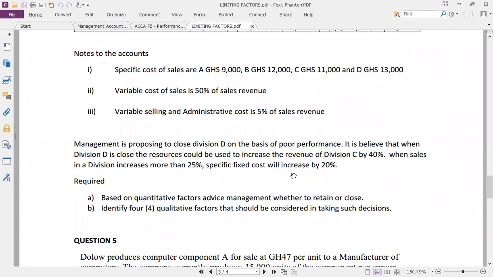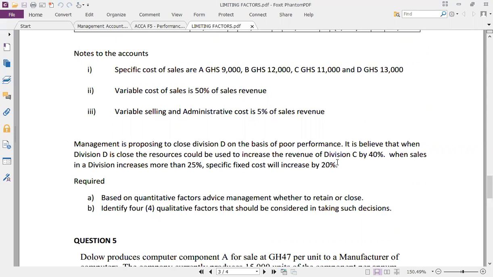Second, this is where the issue is. When sales in a division increase by more than 25%, like when sales of division C increase by more than 25%, specific costs will increase by 20%.